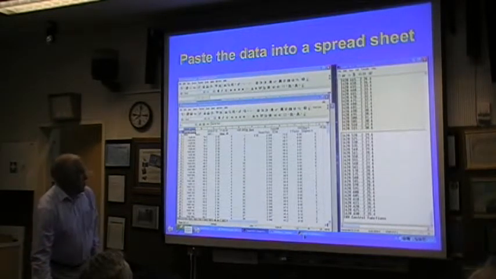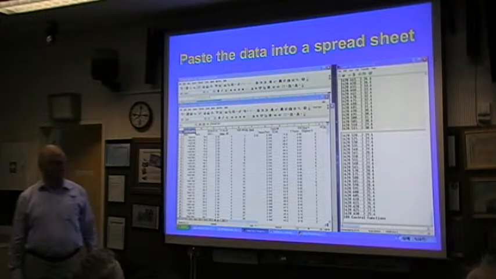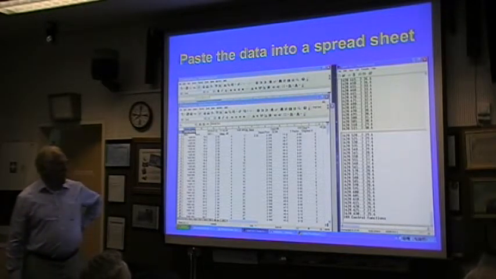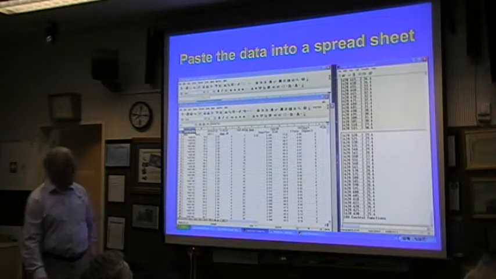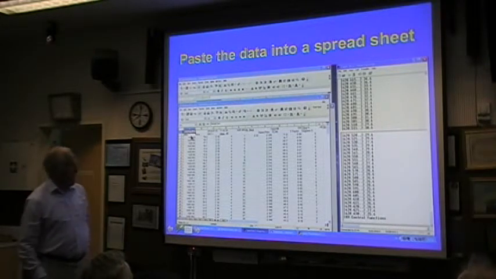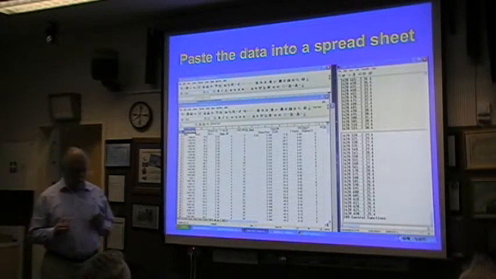Having got the observation data in my system, I simply cut and paste the numbers out of the log, which is HyperTerminal. I'm using HyperTerminal. Some people use slightly more modern things, but I'm an old-fashioned sort of person. And I simply paste it into a spreadsheet. In that spreadsheet I have calculated the correction for the local standard of rest.